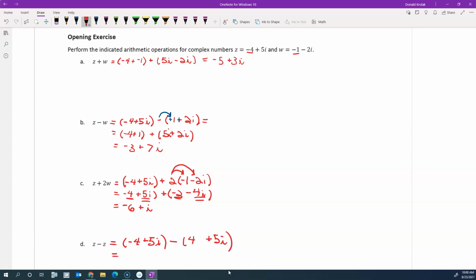So I can change that to a plus, which is going to make that a negative, and make that a negative. Here, I'll write it like this so that I got all the steps in there: minus negative 4i plus 5i.